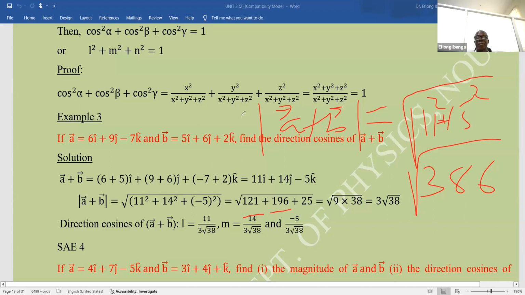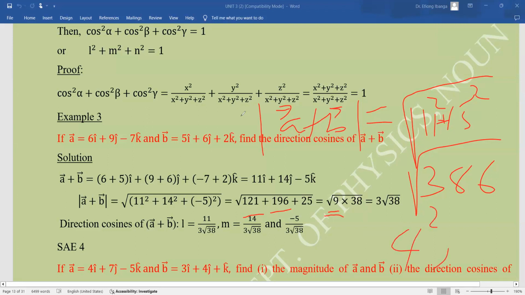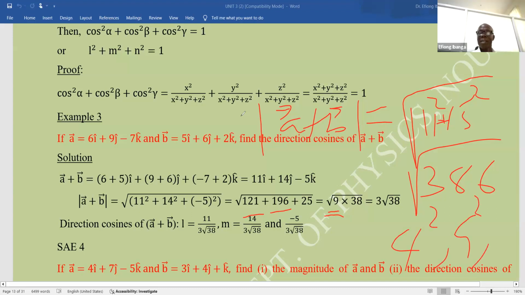So let me leave it the way it is. Look at what I'm trying to look for here: I'm trying to look for a square under it. You know that 4 is a square, 9 is a square, 16 is a square, 25. Then I would have further simplified it, but that notwithstanding, we can go ahead.